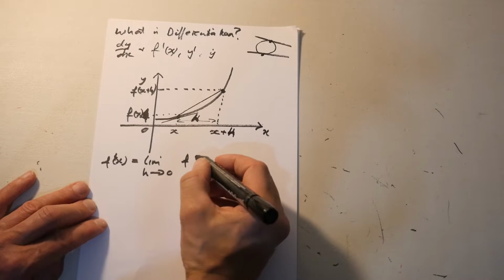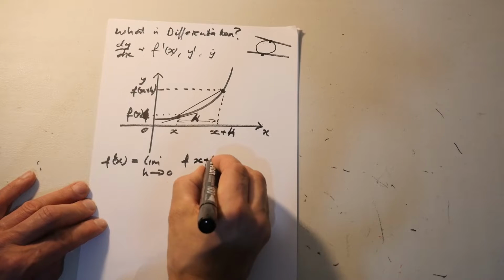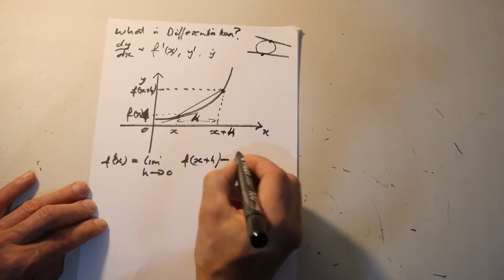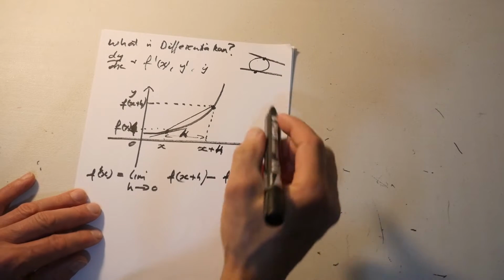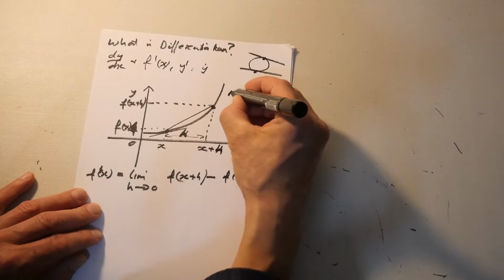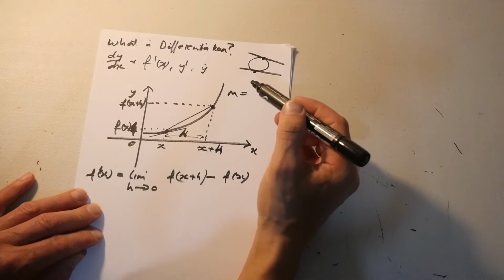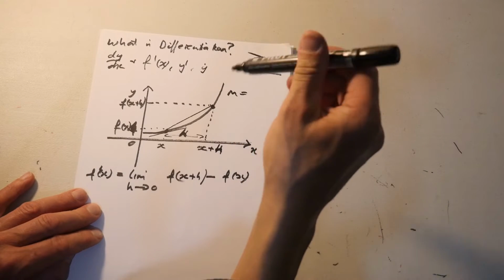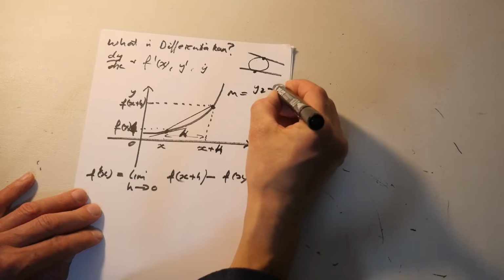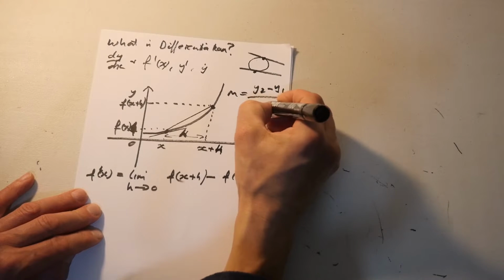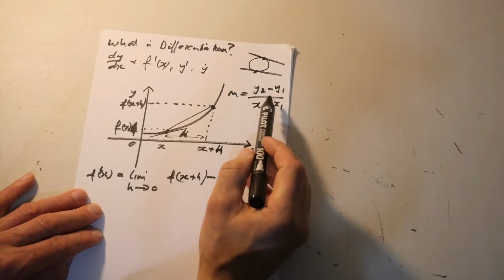So f of x plus h minus f of x. The reason I do that is because we know the gradient of a line is given by y2 minus y1 over x2 minus x1. That's the gradient of any line.